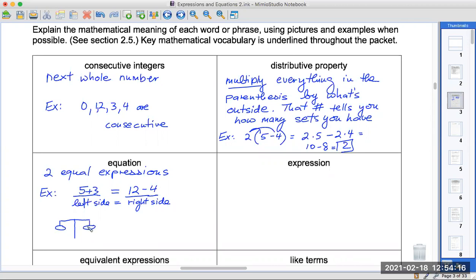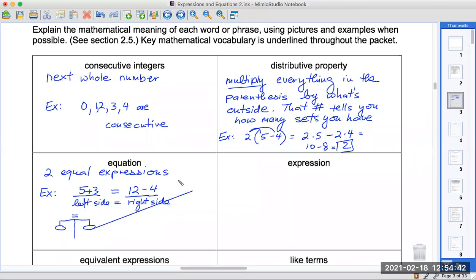And if that scale is balanced in the middle, then you have equal weights, right? So if you put a weight on this side, you've got to put the same weight on the other side or it won't balance anymore. So think of this line as your equal sign. Whatever's on the left side, you better have the same amount on the right side, the same weight, or the scale won't balance, and then it's not an equation.